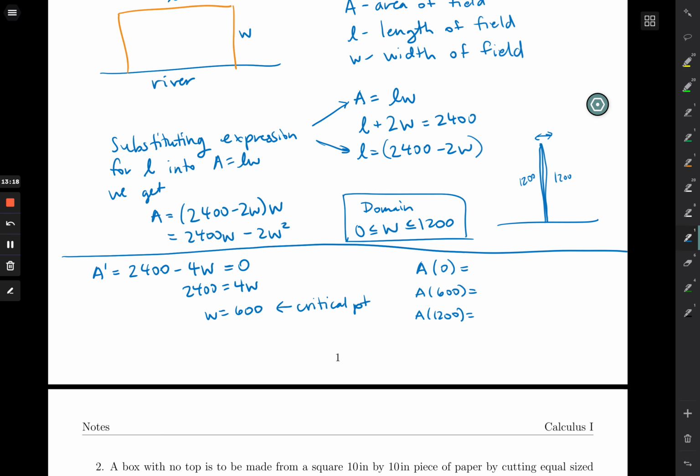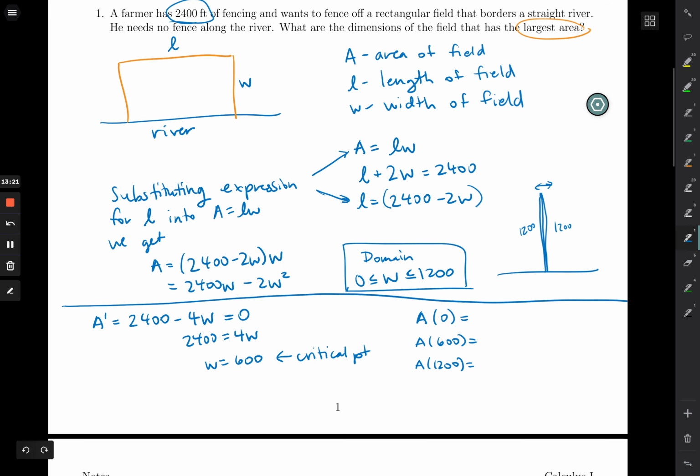Okay, now if we plug in 0, we'll use the second equation where we multiplied this out. Plugging in W equals 0, we would get 0 minus 0, so 0. And with 1,200, remember we already said that if W were equal to 1,200, then the length would be 0, therefore the area would be 0.